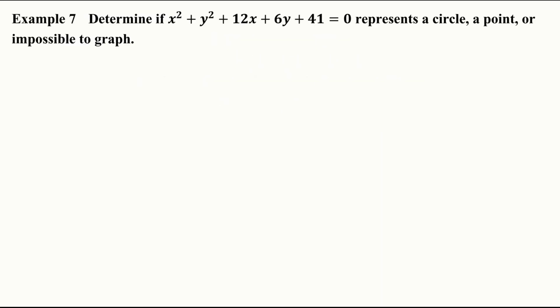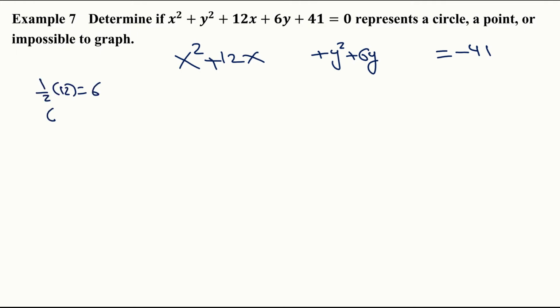So the procedure is going to be the same. We're going to complete the square on x squared plus 12x, and then also on y squared plus 6y. We're going to move the 41 to the other side. It becomes negative 41. So here, to complete the square on x squared plus 12x, we take 1/2 of 12, which is 6, and square it to get 36. So we need to add 36 there. We immediately add 36 to the other side so that we don't forget.